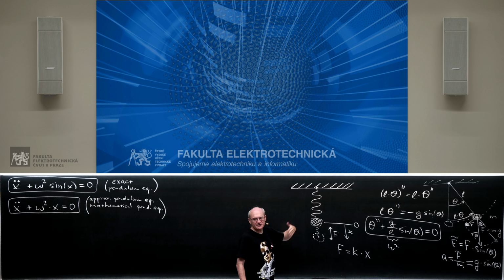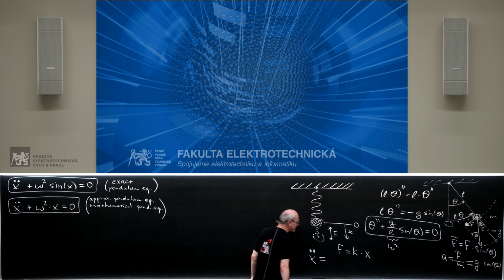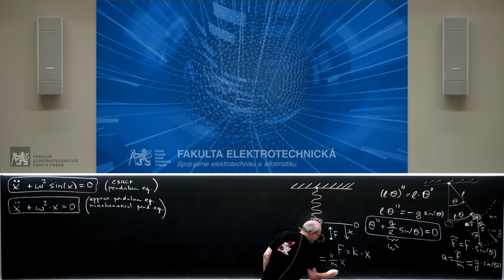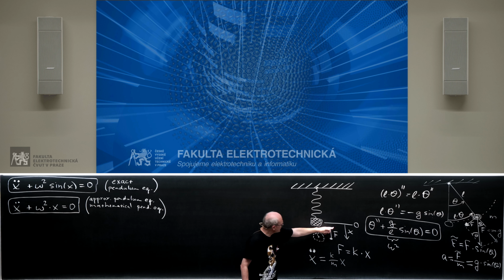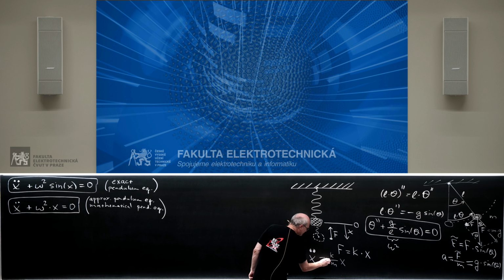And of course, we can recover it also as a second derivative of the position. So we are getting that the second derivative of x, well, actually, let me put the dots. Second derivative of x is exactly, and now we have to be careful, we have to take the force and divide it by the mass of this object over here. So we get k divided by m times x. And then we again have to ask about the directions. F is pointing upwards, x is pointing downwards, so we have to put minus here.